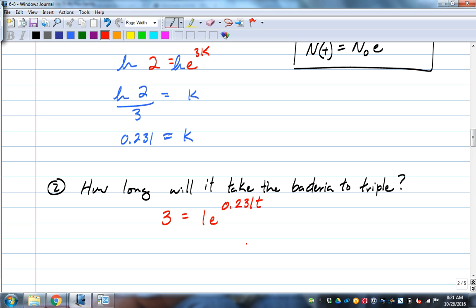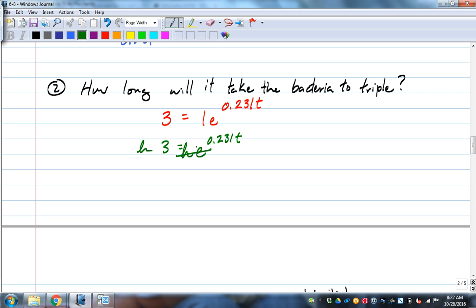We're looking for t. 3 equals e to the 0.231 t. We know that natural log on that side is going to cancel out the e. And so natural log of 3 divided by 0.231.